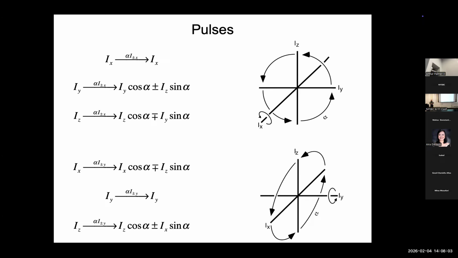Most pulse sequences are a pulse, a delay, another pulse, another delay. So we just do it bit by bit. Use these rules for the pulse, use the rules during a delay to evolve the chemical shift and scalar coupling, use the rules to apply the next pulse, and off we go. And then at some point, we need to detect.